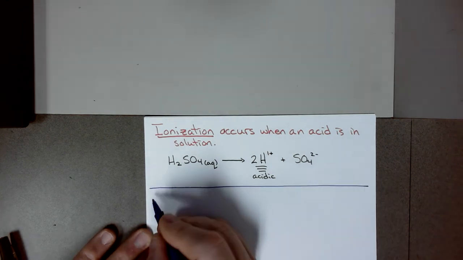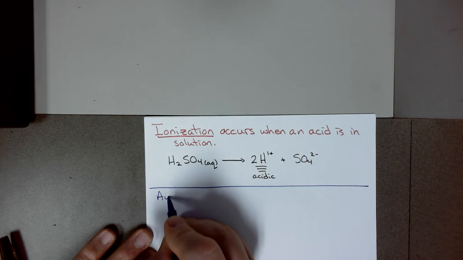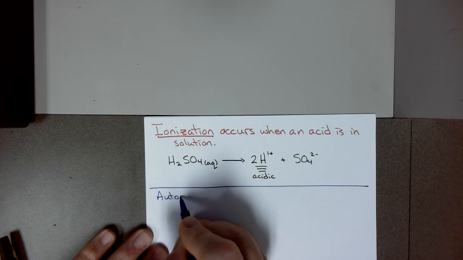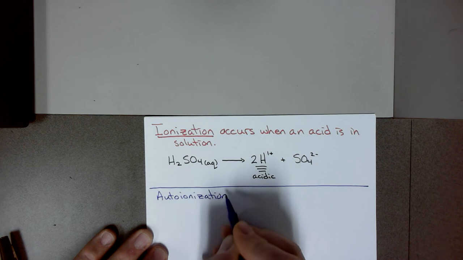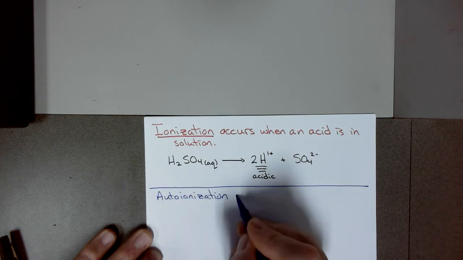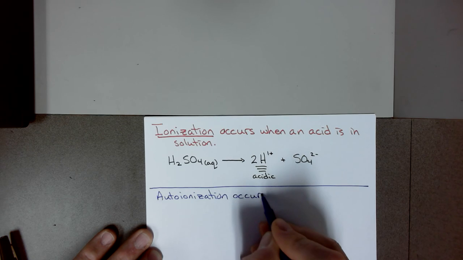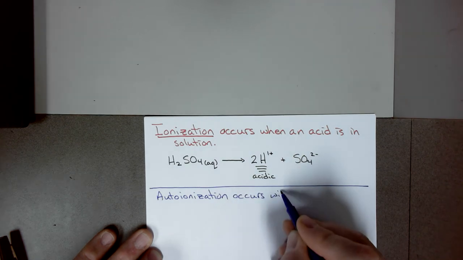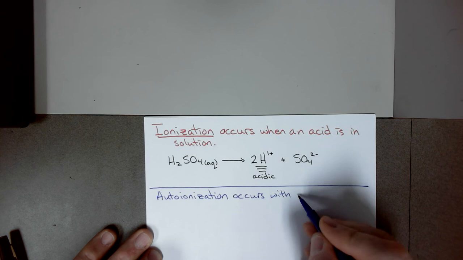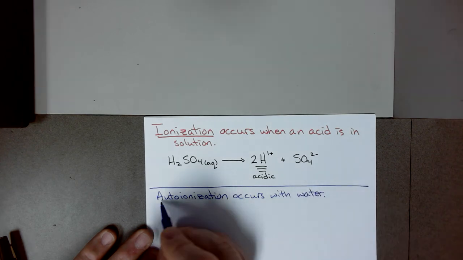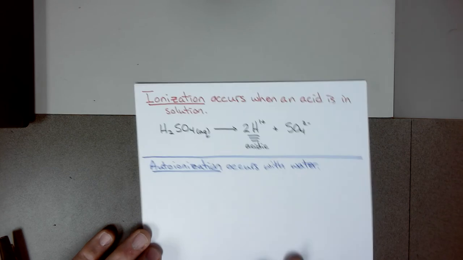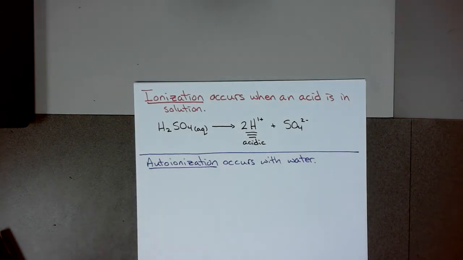And the last one we need to be aware of is called autoionization. Autoionization occurs with water. This doesn't happen to a large degree, but it does happen, so you need to be aware of it.